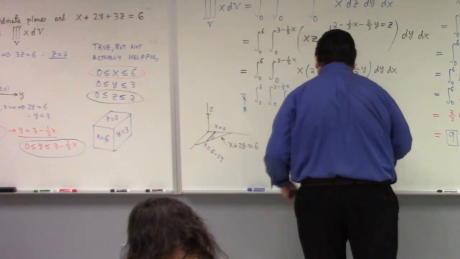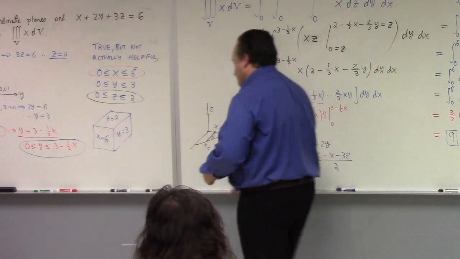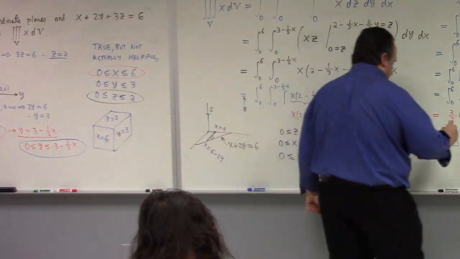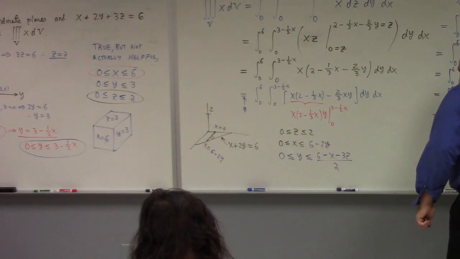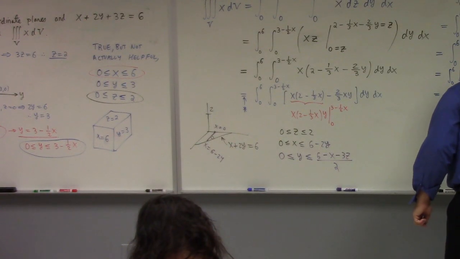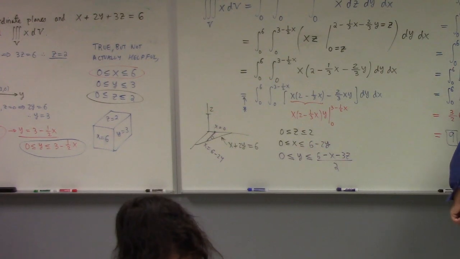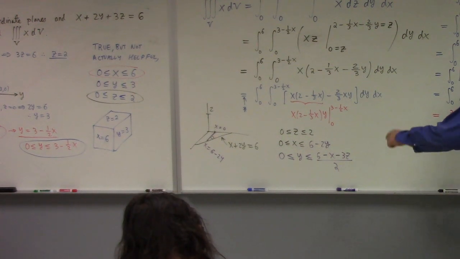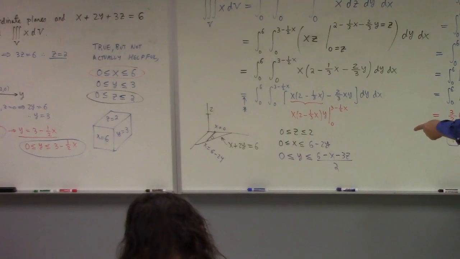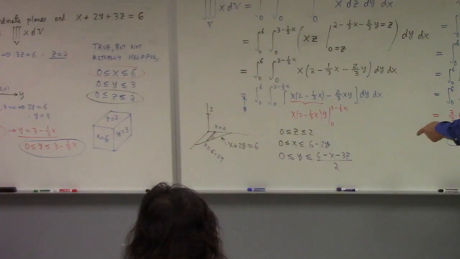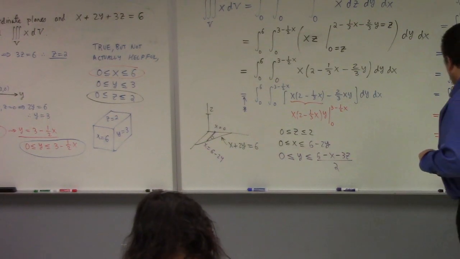So in other words, we could also have set up this problem. 9 is also equal to the integral from 0 to 2, the integral from 0 to 6 minus 2y, the integral from 0 to 6 minus x minus 3z all divided by 2 of x. Now I got to be careful. We do dy first. We do dx second, and we do dz last. And I don't know, that might have been easier even to actually do that.